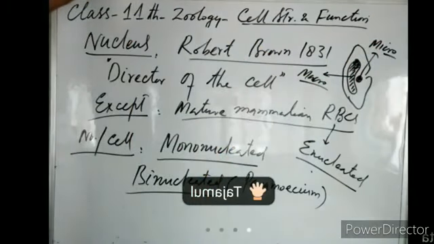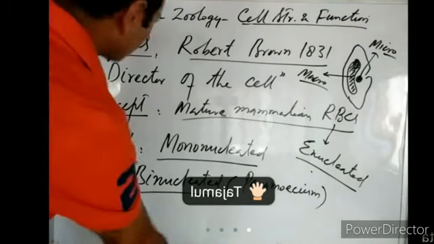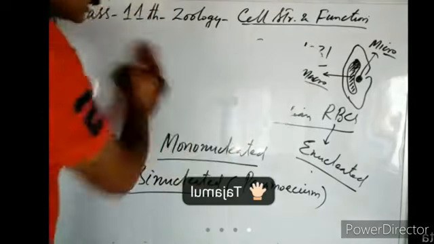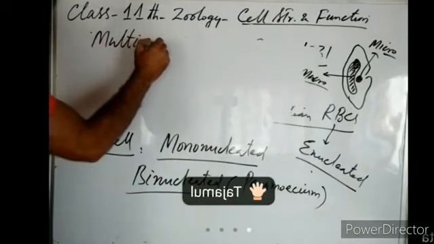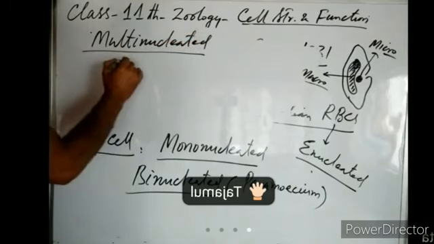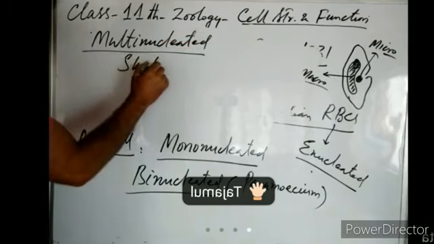So some cells are binucleated, for example, paramecium. Some cells are multinucleated. They have many nuclei. For example, skeletal muscle cells.